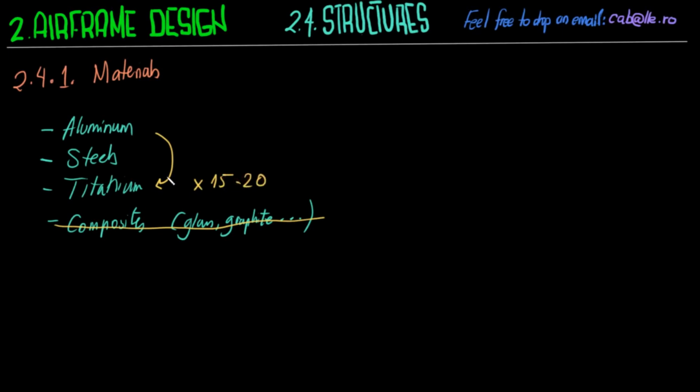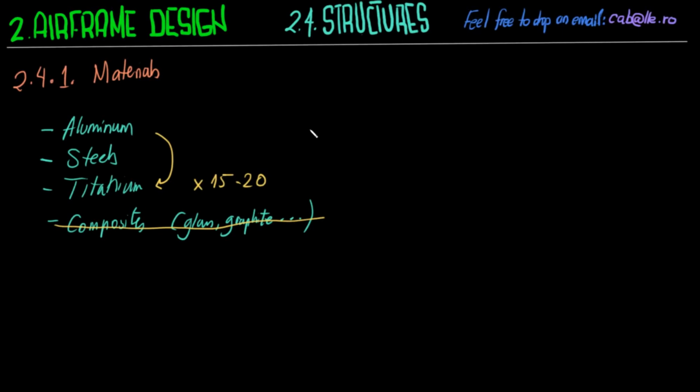So titanium is pretty expensive. I'm just going to mention it, but I'm going to focus mainly on aluminum. Strong steels are pretty hard to get your hands on. So I'm basically narrowing down to aluminum.